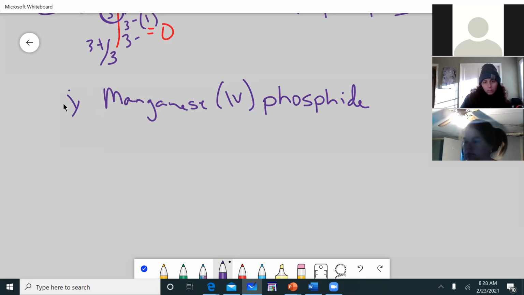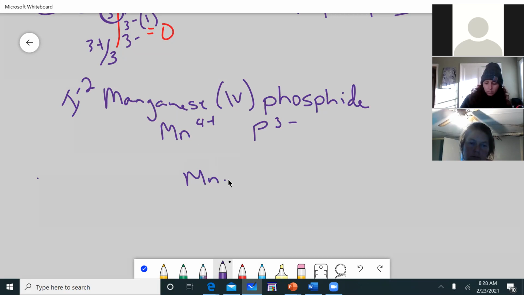Because this is ionic and it's type 2 here, we need to balance charges. So we write the symbol of the metal. Manganese is not Mg, that's magnesium. Manganese is Mn. In this case, it has a 4+ charge. Phosphide is phosphorus with a 3-. Flip flop, we get Mn3P4.